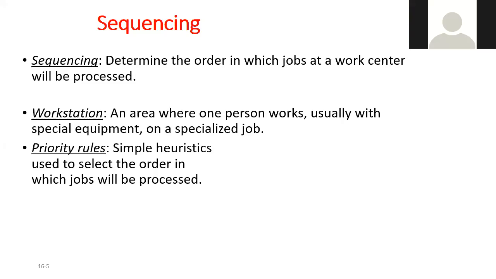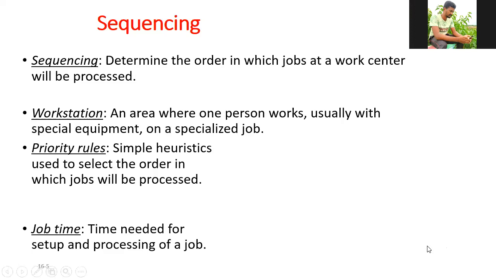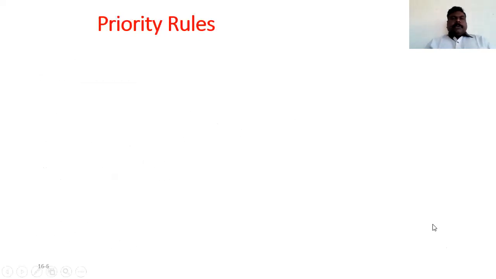So in sequencing, wherever you see, some priority rules will be there. Yesterday in that class we have seen the timing into consideration, the job time needed for a setup and processing of a job. So priority rules: in the last class we have seen first come, first served.